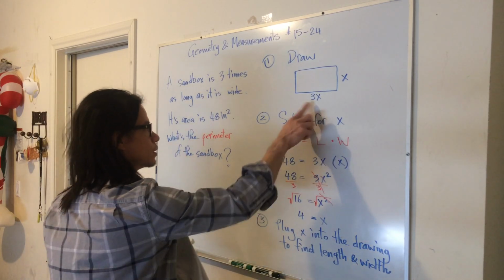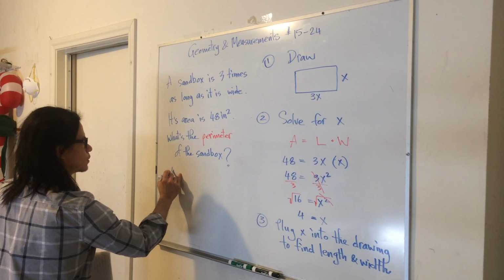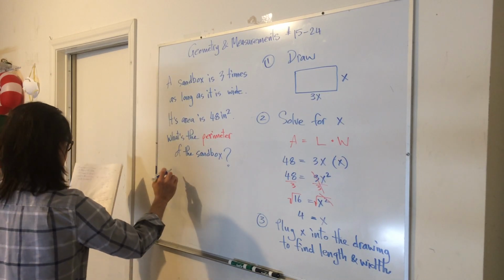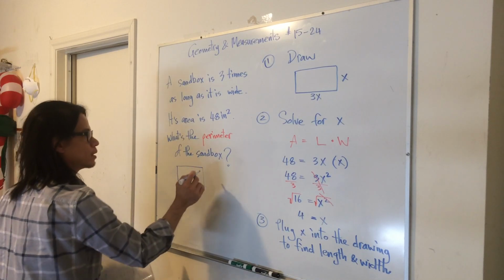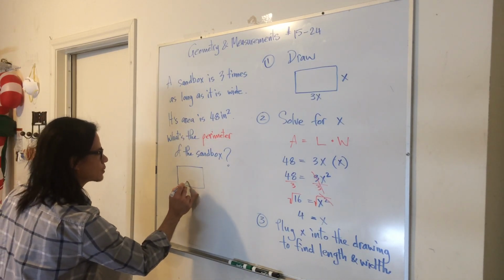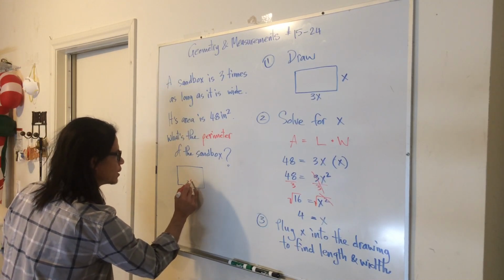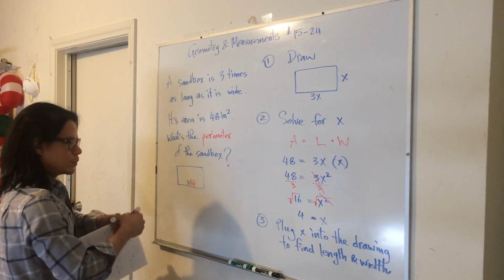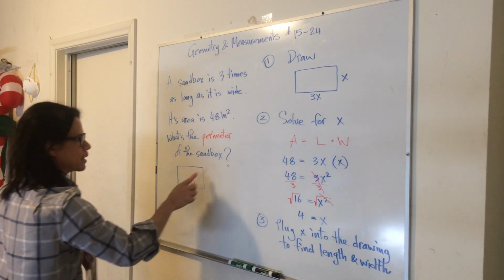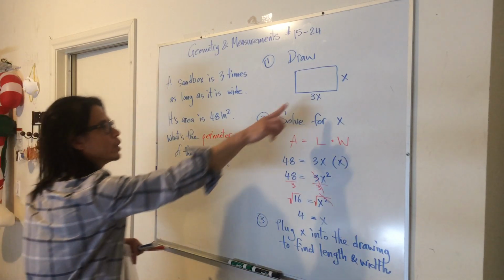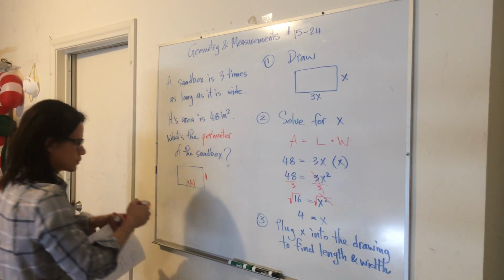Here I'm just going to redraw the rectangle for you. 3 times 4 is going to be your length. We got the 4 from here; the x goes into x there. 3 times 4. And then the width is going to be x, which is 4.